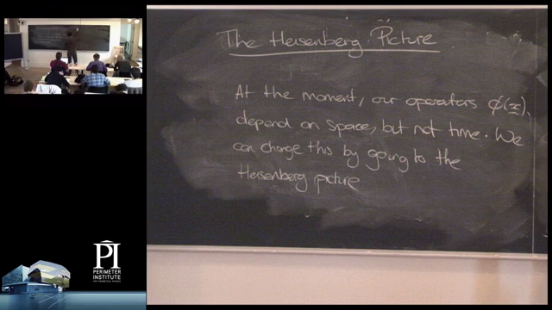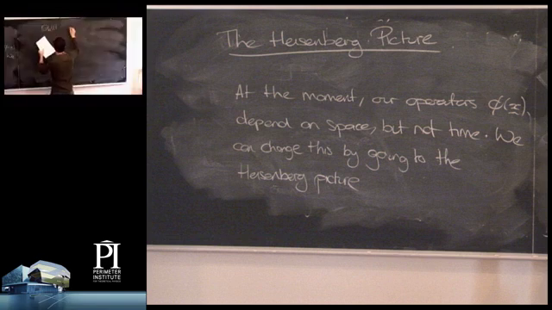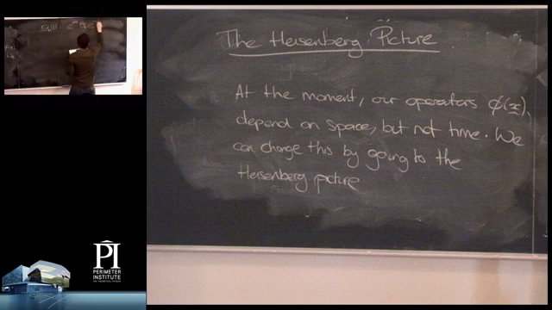Okay, so what's the Heisenberg picture? Remember, for any operator, this is true in any quantum mechanical system, quantum field theory system. So this is the operator in the Schrödinger picture. And this is how we define the operator in the Heisenberg picture.